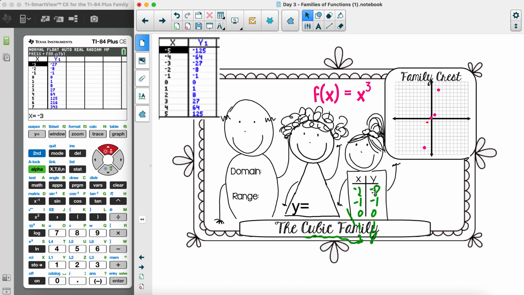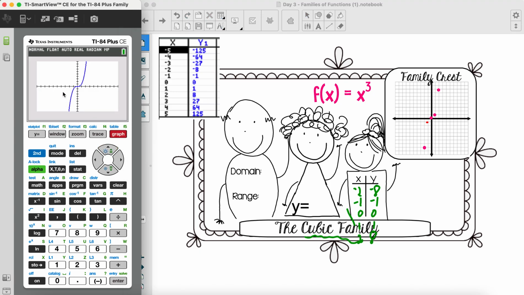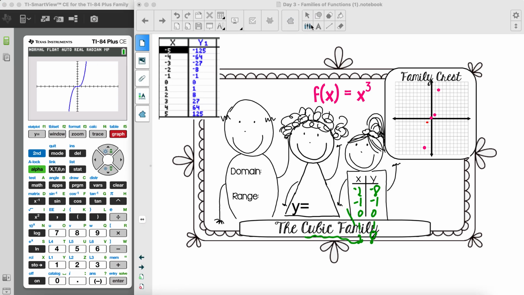Right here, -2, -8. All right, so when I connect these, it's kind of easy to just draw straight lines, but I'm gonna go back to the graph and keep in mind this curviness of the graph. So when I go to connect these dots, that's what I need to be aware of. So I'm gonna connect and it's gonna come up and it's gonna go through and it's gonna go up.